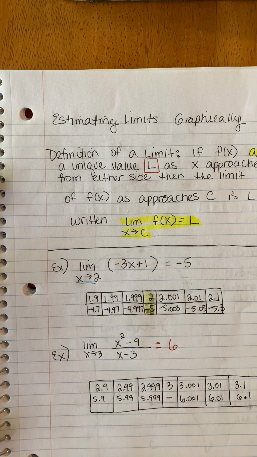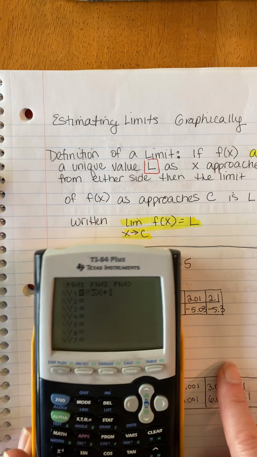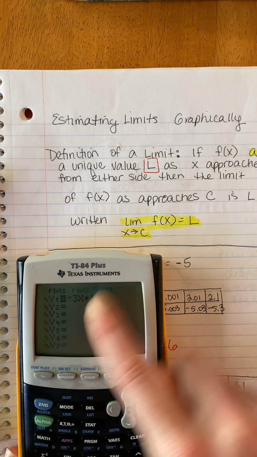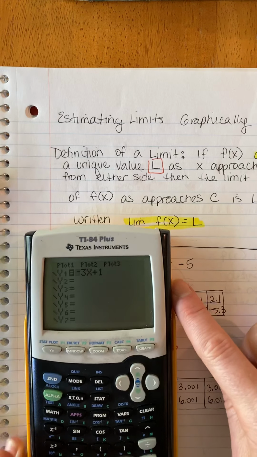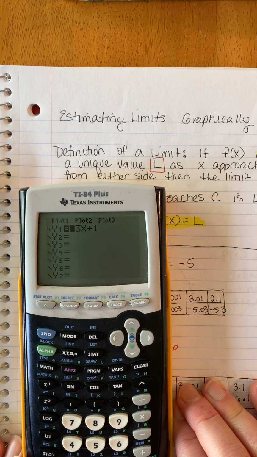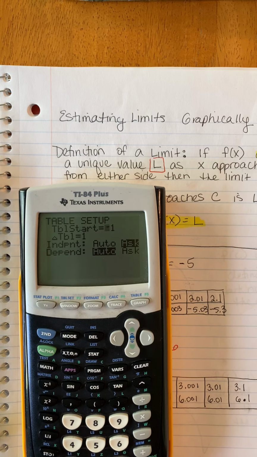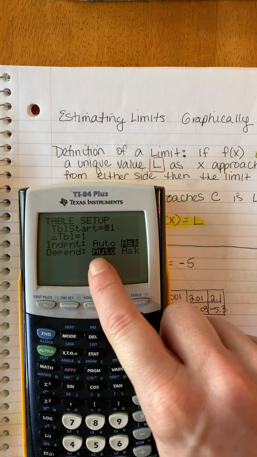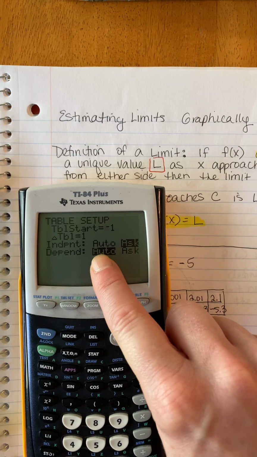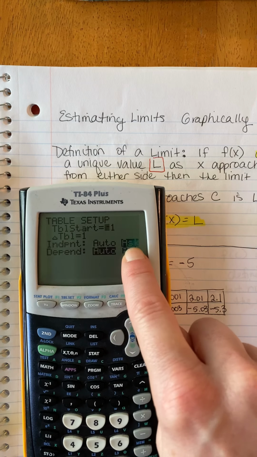Let me teach you how to set up a table. First, put your function in for y equals. Second, go to table set. Table set is second window, and you'll see this screen. Very important: make sure you set up your independent variable, just this one, for ask.